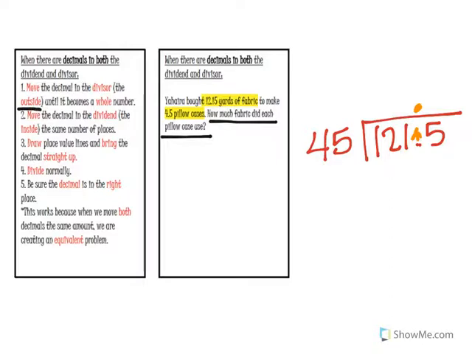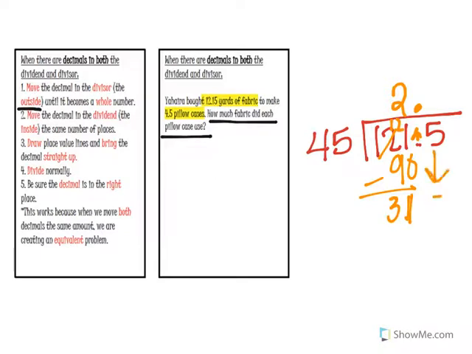So 45 goes into 121 twice. And we get 90. And we're left with 31.